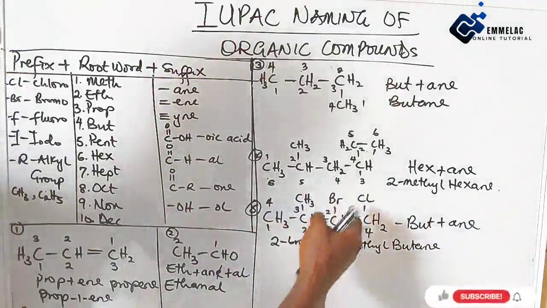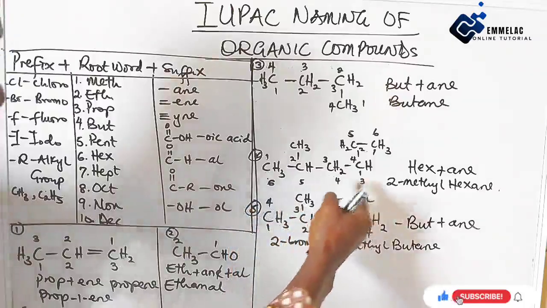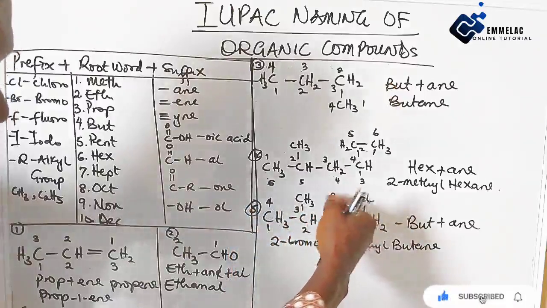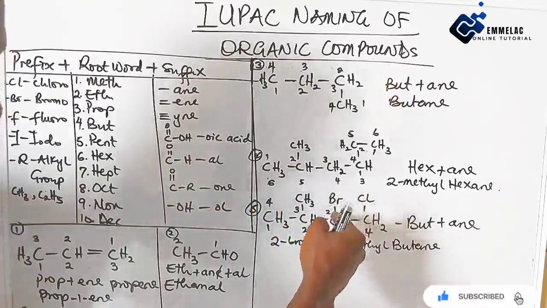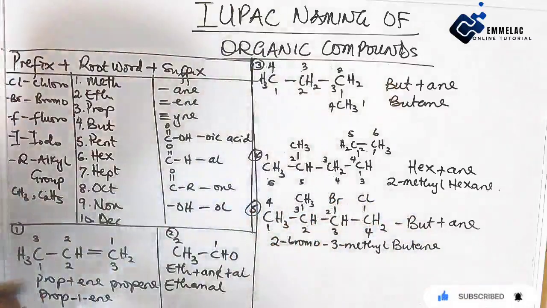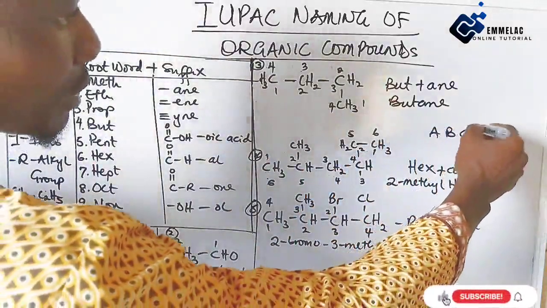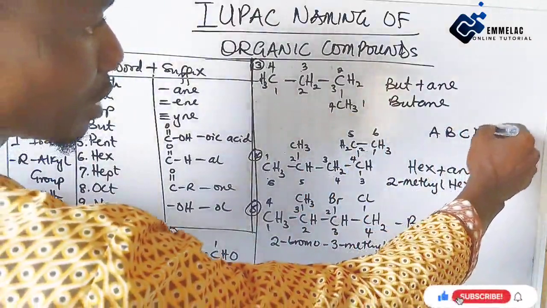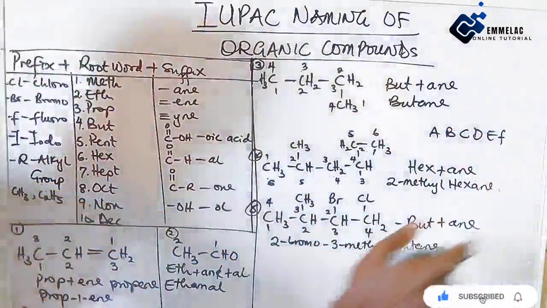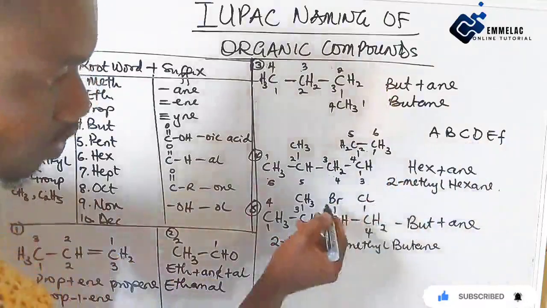We know that halogen comes first before the alkyl group, but when we have different halogen groups, we name them alphabetically. So by alphabetically we have A, B, C, then D, E, F, and so on and so forth. From here we can see that B comes before C, so bromine comes before.